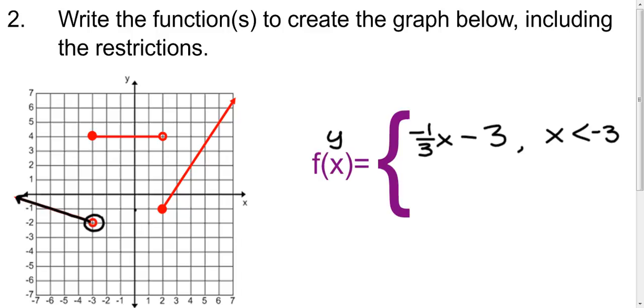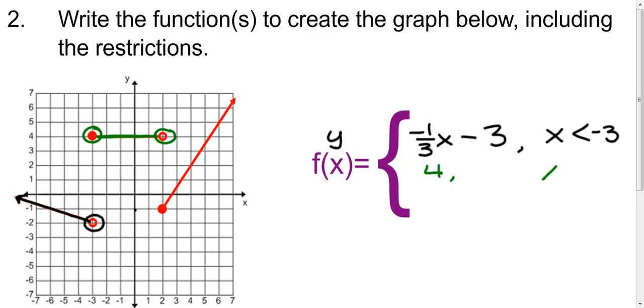Okay, then we're going to go ahead and go to this piece in here. And again, this is a horizontal line. They always have equations y equals just some number. In this case, my y values are being held constant at 4. And that exists when my x values, I have one magic spot here at an x value of -3 and one magic spot here at an x value of 2.